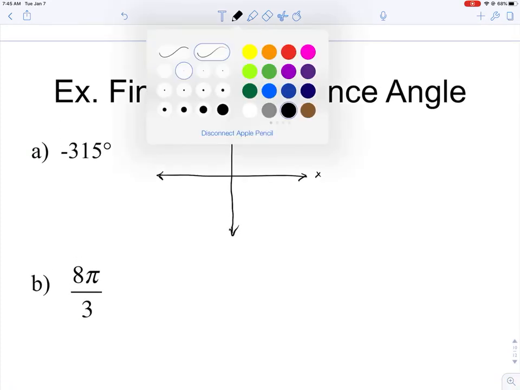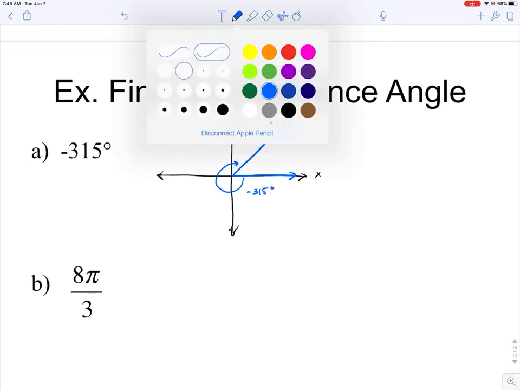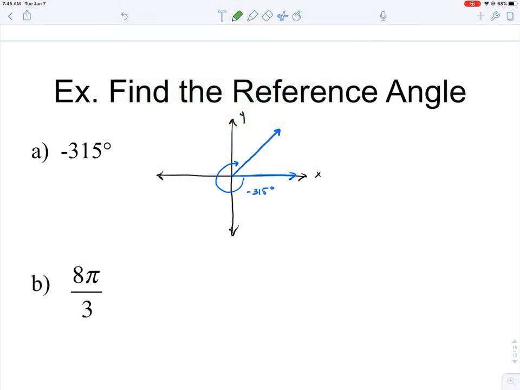So negative 315 degrees, that is a negative angle, so it's rotating in the clockwise direction, and it's going to terminate in quadrant 1. Meaning our reference angle is going to end up being 45 degrees.